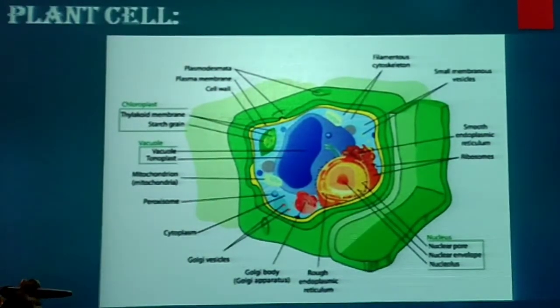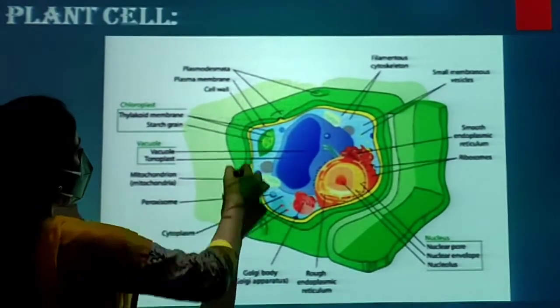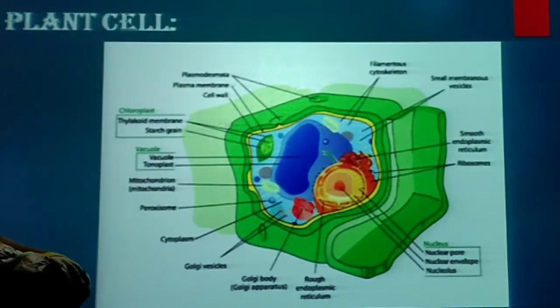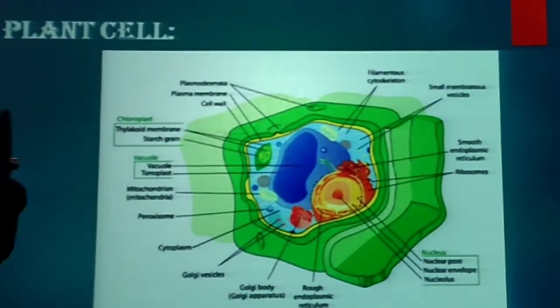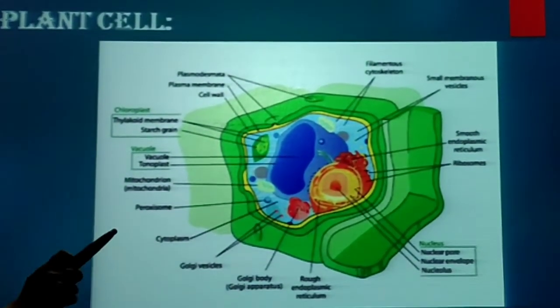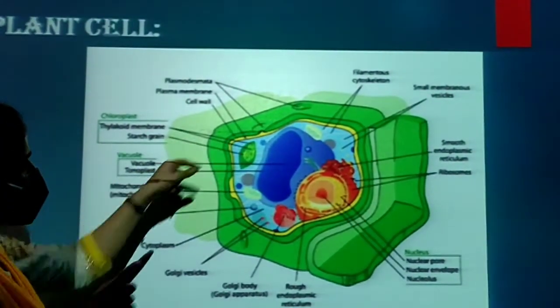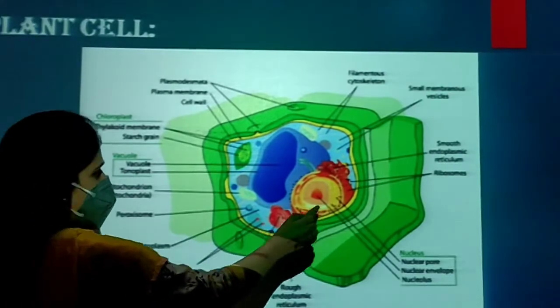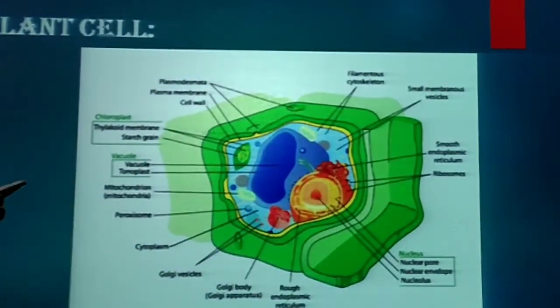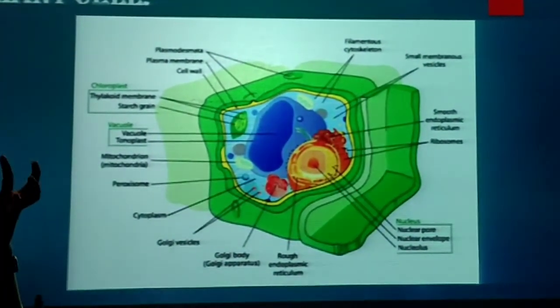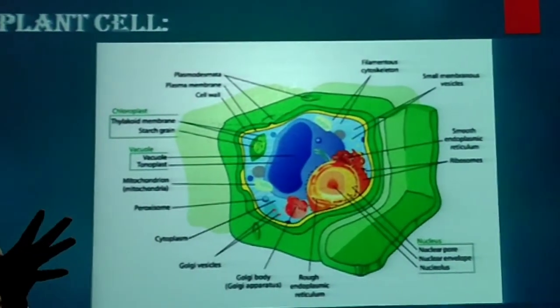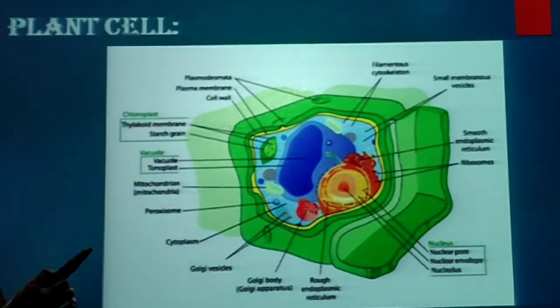Now the outer covering, as you can see, is called cell wall, which is not found in animal cell. After that, you can see this yellow colored cell wall is prior to the cell membrane, which gives a tough shape to the plant. Actually its function is to protect.